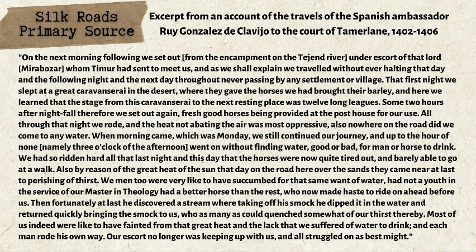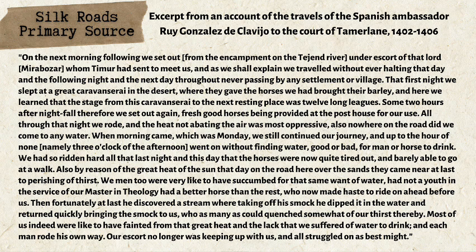So let's quickly take a look at a Silk Road primary source. This is an excerpt from an account of the travels of the Spanish ambassador Ruy González de Clavijo to the court of Tamerlane between 1402 and 1406.